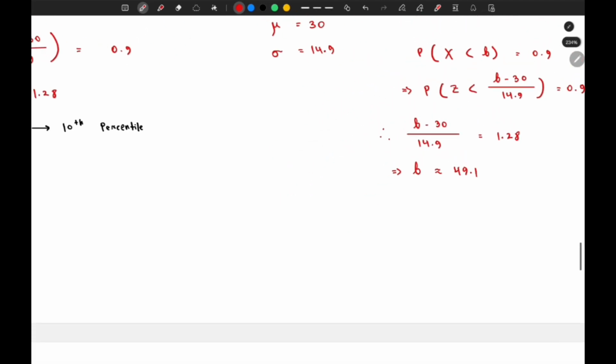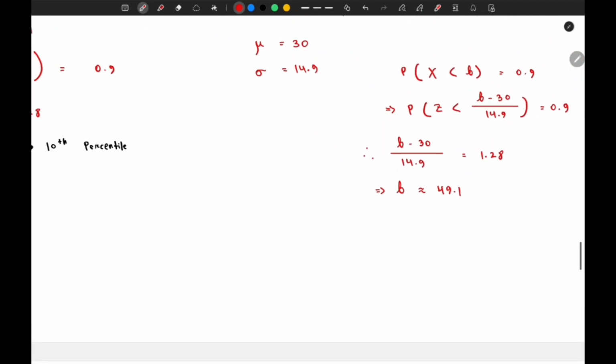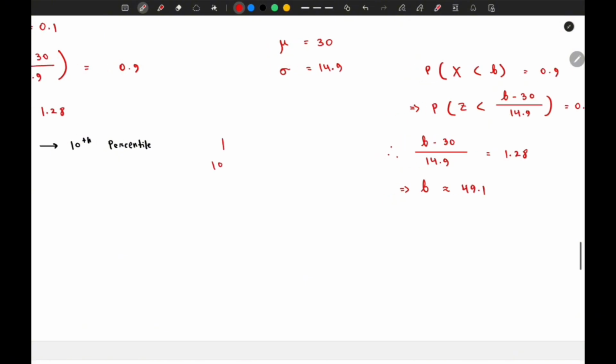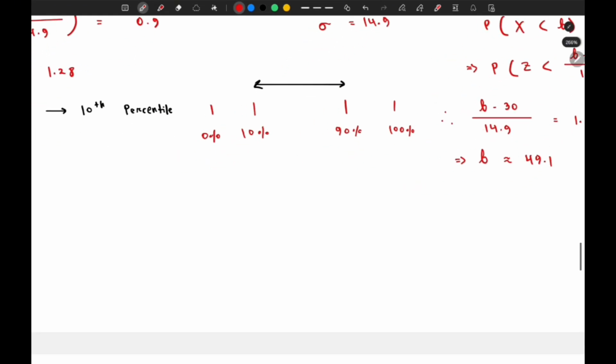Now basically we need to find the 10% to 90% interpercentile range. So let's assume that this is 10% and this is 90% and this is 100% and this is 0%. Basically we need this length. So we know that at 90% the value is B, which is 49.1.